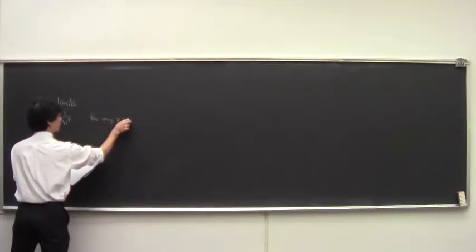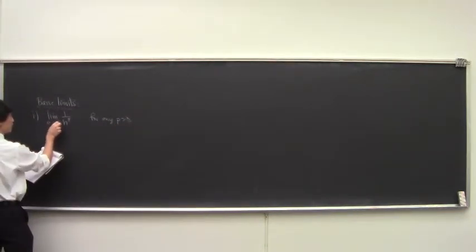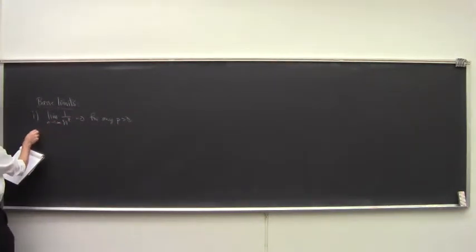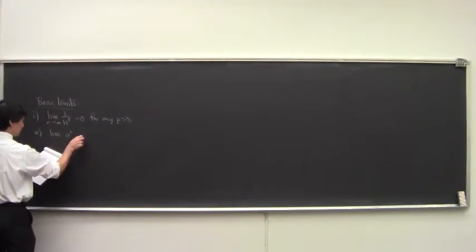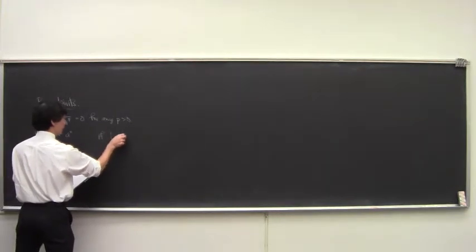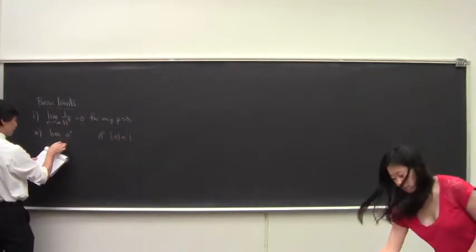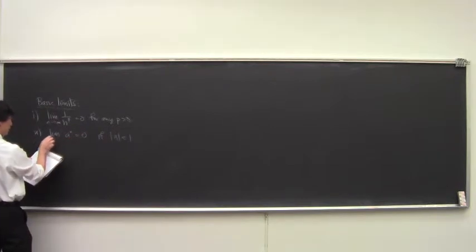Basic limits that you've probably seen before, but not seen proven. 1, the limit of 1 over n to the p for any p bigger than 0 as n goes to infinity is 0. 2, the limit of a to the n, if the absolute value of a is less than 1, is 0 as n goes to infinity.